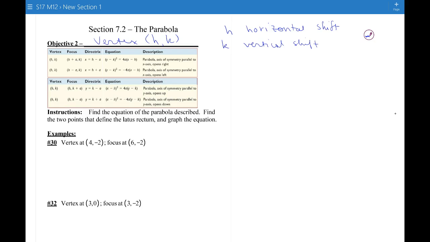So the thing that's different now, though, is that we're not just looking at functions. So the horizontal shifts work a little bit differently. So let's look at some examples. Here's the tables from your book if you want to do this by tables, but I'm going to really encourage you to do it by thinking and drawing pictures.